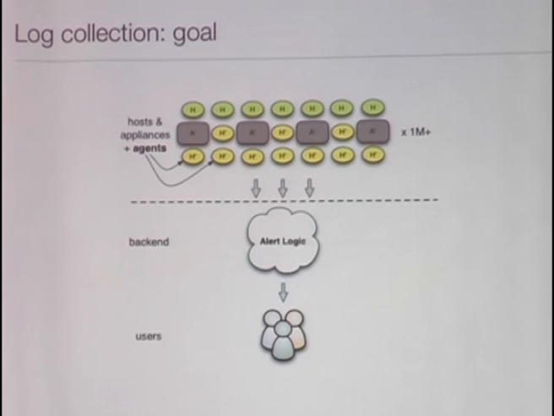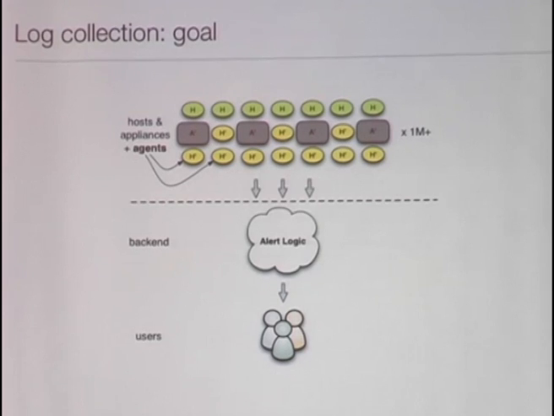So in the new system, we're looking at collecting logs from over 1 million hosts. And we also had to solve the appliance problem. It came down to 2 things. We introduced agents as a primary product deployment method. An agent is a software package that you install on your host, and it collects logs just from that host. We also had to simplify our appliances a lot to make them more manageable.